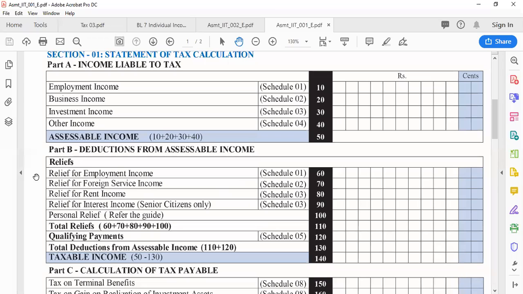If any person has employment income, he is liable to deduct as relief for employment income a maximum of 700,000. So personal relief is 500,000. Relief for employment income is 700,000, right?